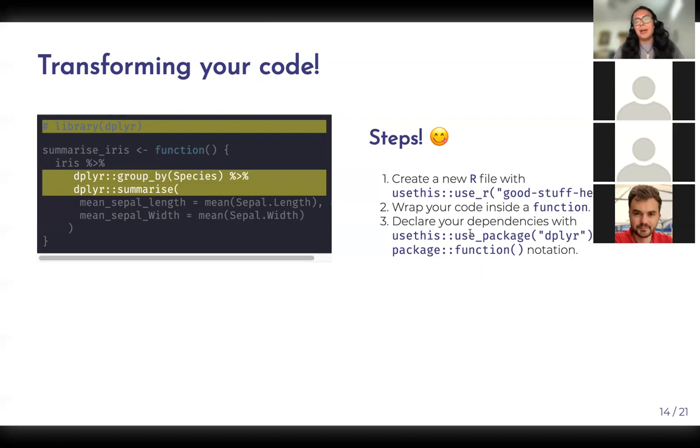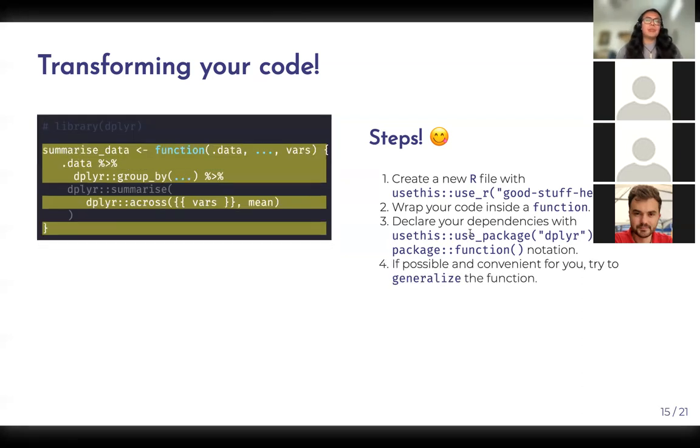And then a further step could be to try to generalize or abstract the function. Before, I could only summarize my iris dataset by species and only by the petal and the sepal length. Now, with this generalized function, I can pass any table, group by any variables, and then pass a list or a vector of variables for which I want to calculate the mean.